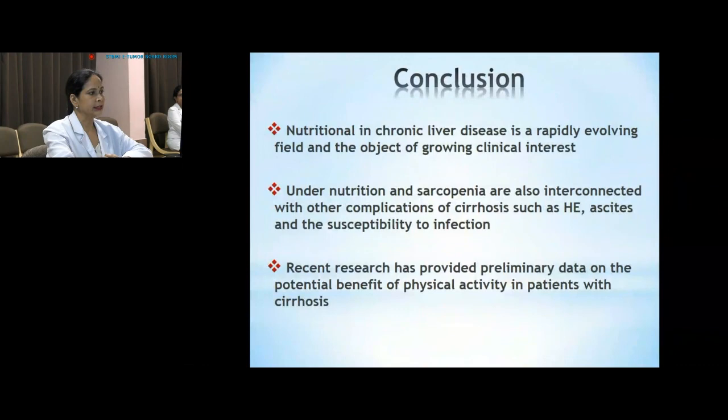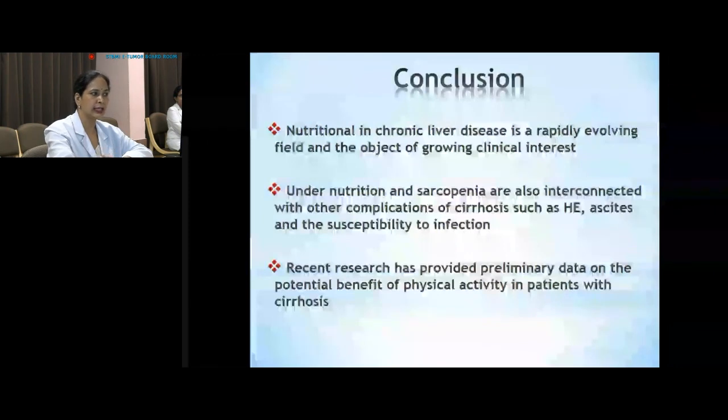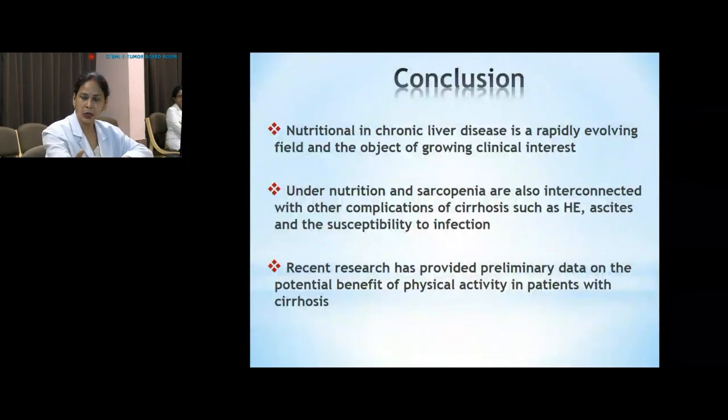This topic is really close to my heart, so I would request that whenever a patient comes to OPD or IPD, if you are a dietitian, clinician, hepatologist or gastroenterologist, along with your treatment, the patient needs to be encouraged for nutritional assessment, so that the outcome can be improved for better prognosis and early recovery.